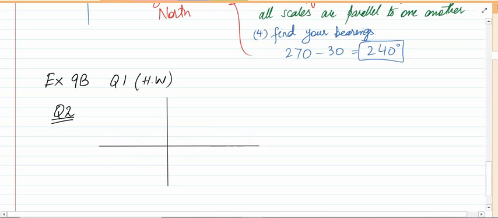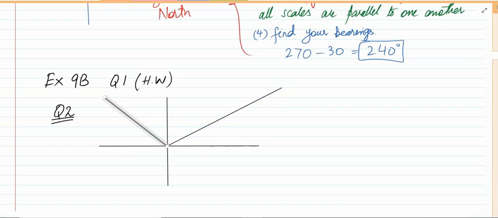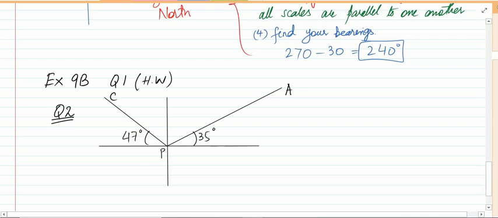So let's suppose I have this line and this line. This line is A and P, this one is C. Angles known as 35 and 47 degrees, right?